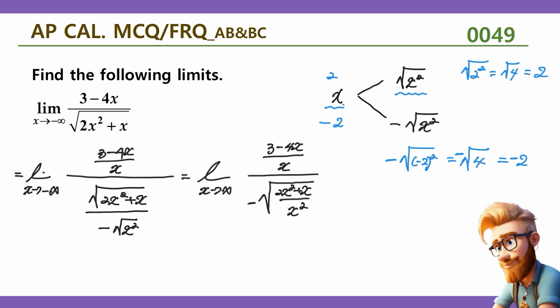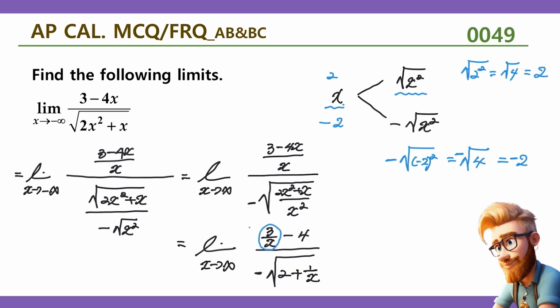So that is equal to the limit as x approaches negative infinity of 3 over x minus 4x over x, that's minus 4, over negative the square root of 2x squared over x squared, that's 2, plus x over x squared, that's plus 1 over x.